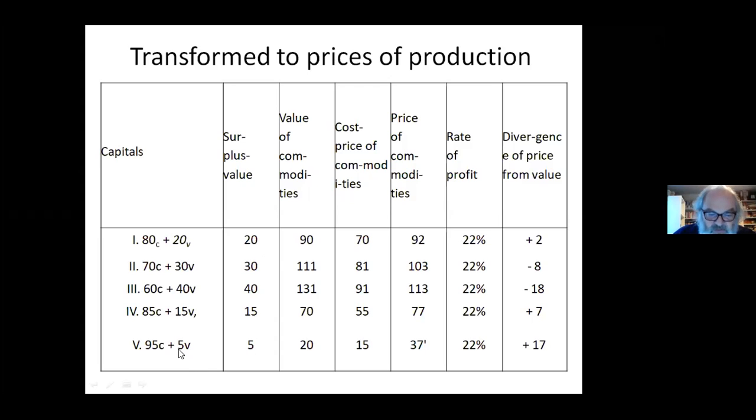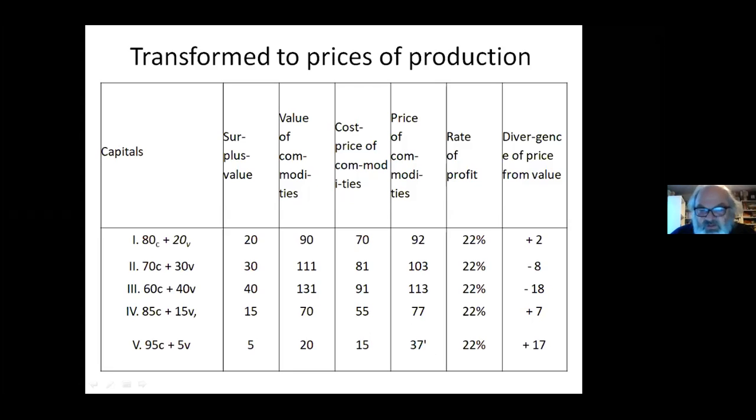The simple value of these commodities would be 105. 95C plus 5V plus 5S would give us 105. Or if we take up the example of the used up, we come to 15 cost price plus 5, which is 20. Okay, now, but the price of the commodities is much higher.